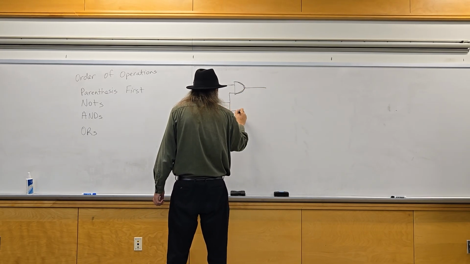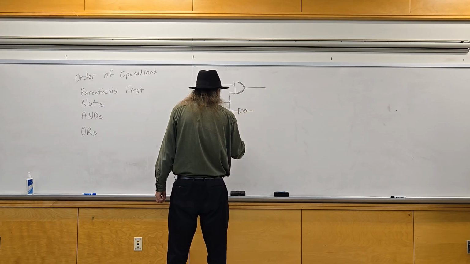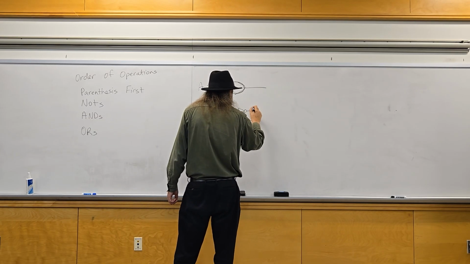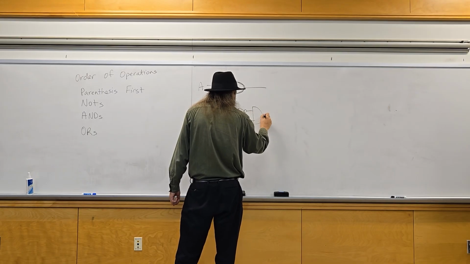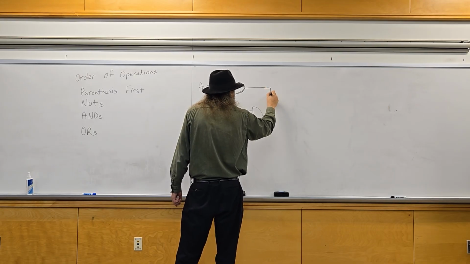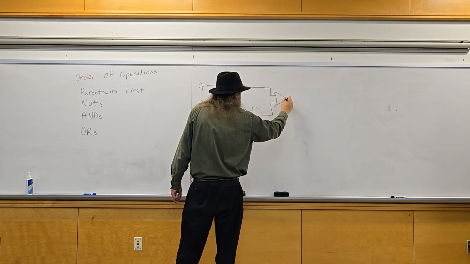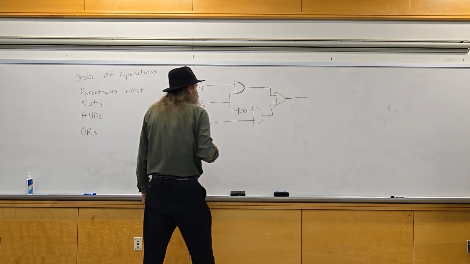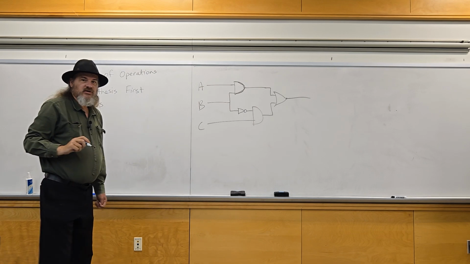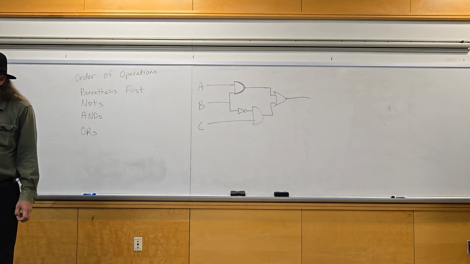B is inverted in the second parentheses and ANDed with C. And then these two are ORed together, the last operation outside the parentheses.